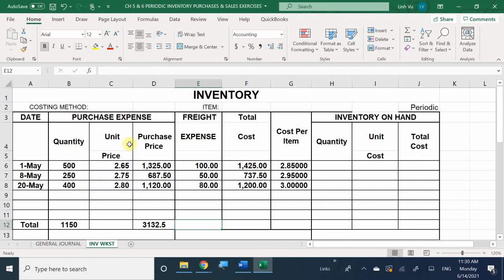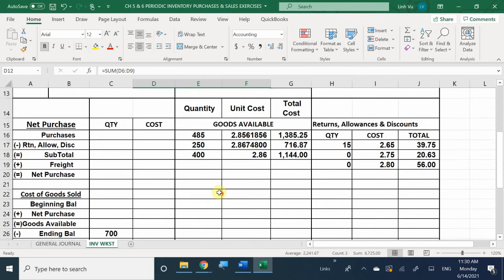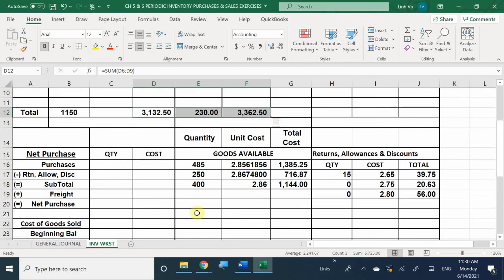How much was my total freight? $230. And last but not least, what was my total cost? $3,362.50. Okay, so that is what we originally purchased. I'm also going to sum up my totals here for my goods available and, of course, my returns and allowances.